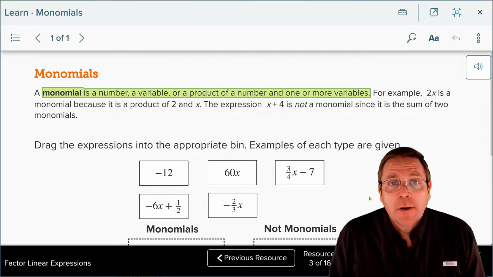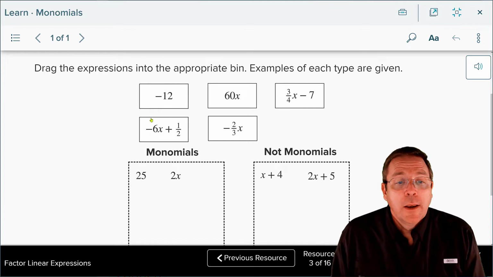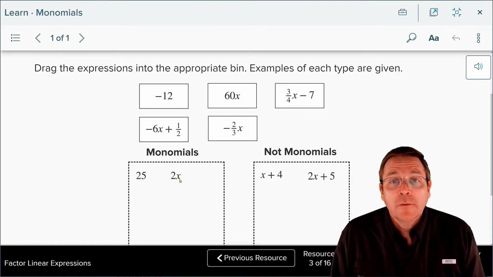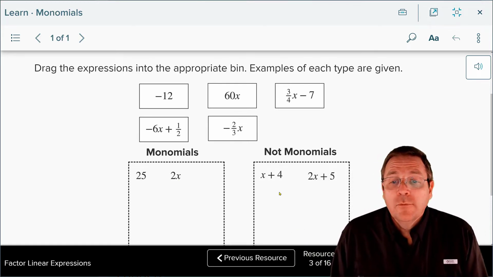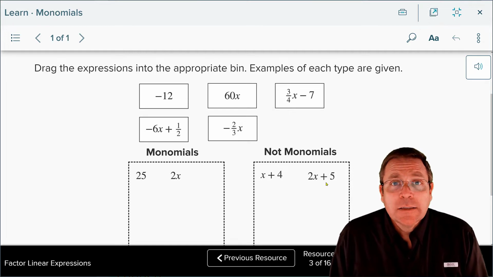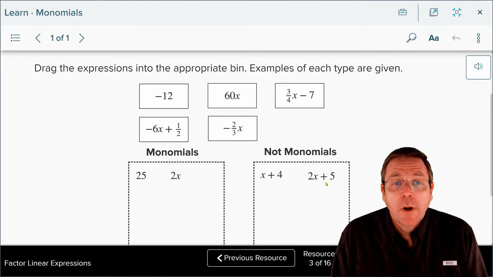If it can be written as a single number, for example 25, or the product of a number and variable, 2 times x, then it's going to be a monomial. If it is written with a plus sign or a minus sign separating 2 terms, it is not a monomial. Mono means one number, one nomial.